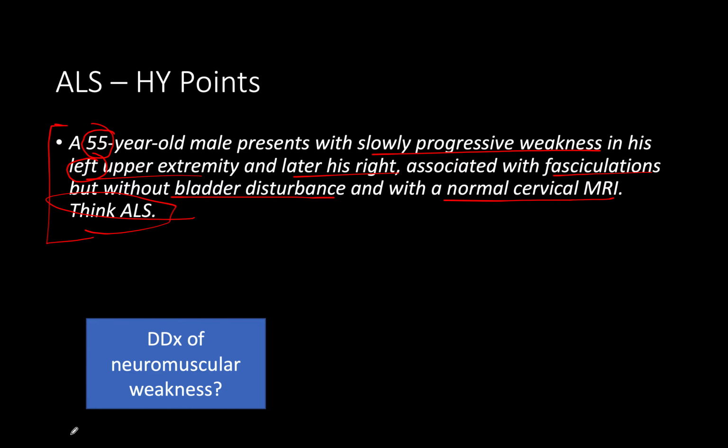Okay, so differential diagnosis of neuromuscular weaknesses. We have a number of different disorders of ascending paralysis and descending paralysis. What are some of the other things that can cause paralysis, be it ascending or descending, symmetric or asymmetric? Just some of the other things that could go on a differential.